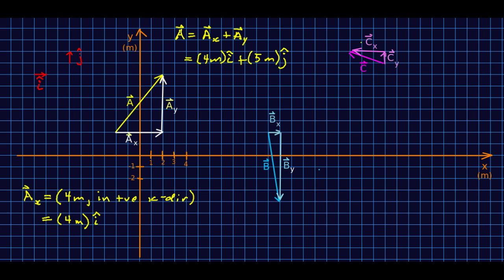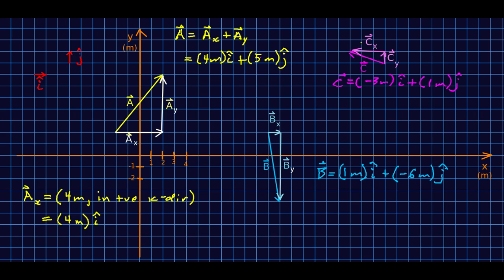So I can write B as 1 meter times i, and now be careful because this is negative, right? BY points in the negative y direction, so I'd better say negative 6 meters j. And C is negative 3 meters i plus 1 meter j.